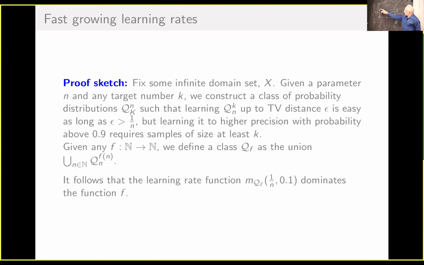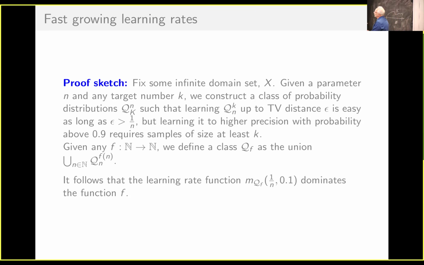If I want to learn just to approximation epsilon, very easy. If I want to go further than approximation epsilon, then I'm running into having to decide whether there was cheating in the lottery or not, which is very difficult. So I have control of these two parameters: at which epsilon things kick in, and when they kick in, completely independent of epsilon, how difficult it is going to be.